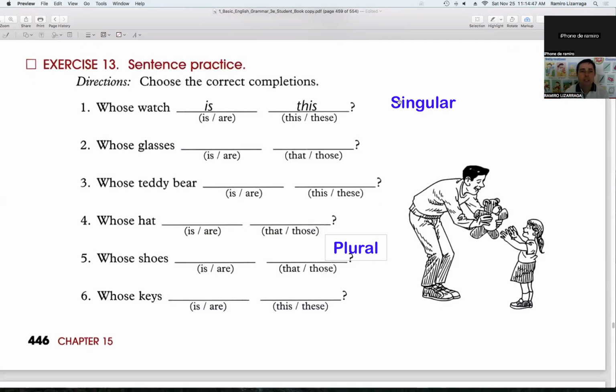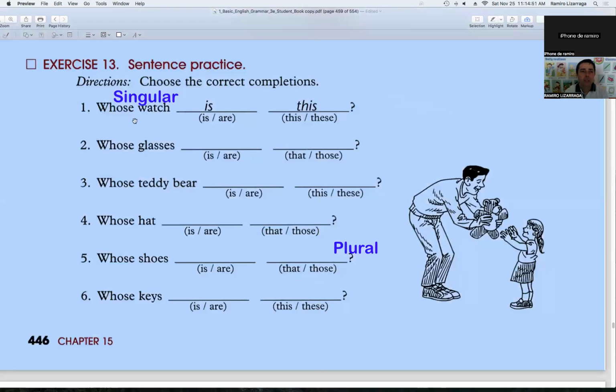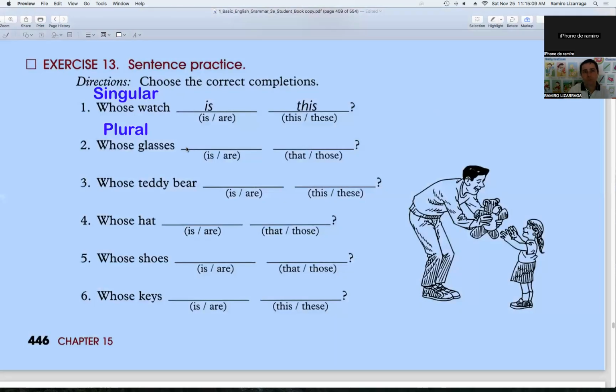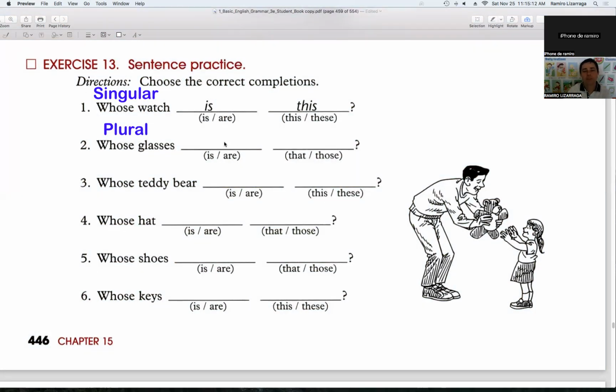Look, this right here, this question, the first question is singular. The first question is singular, and the second is plural. Okay, how can we make the second question? Whose glass is what?